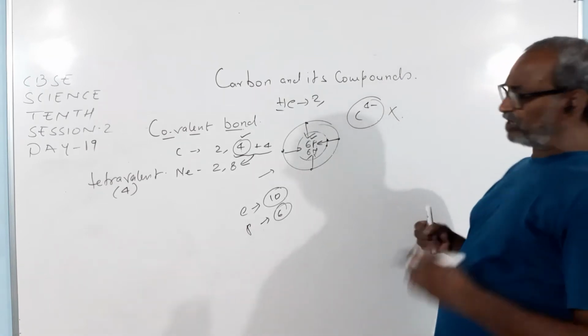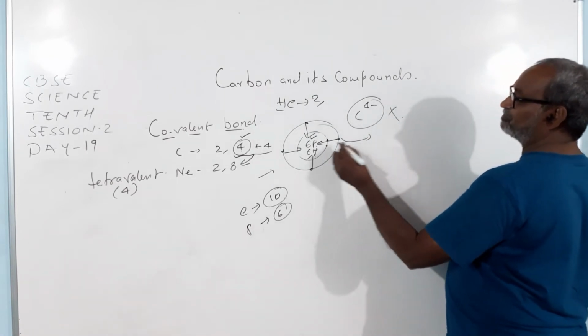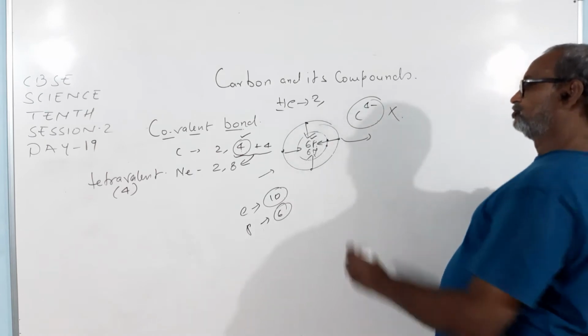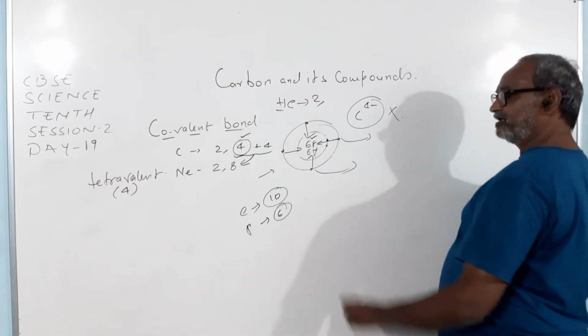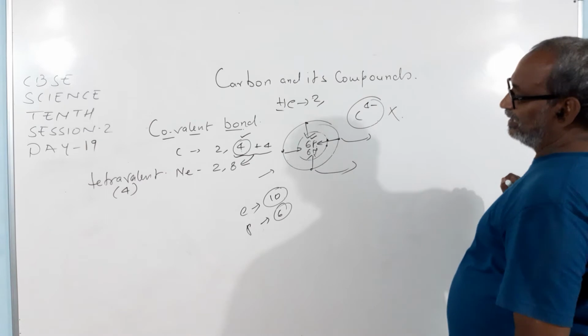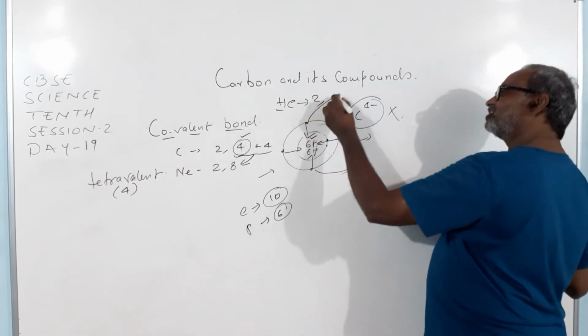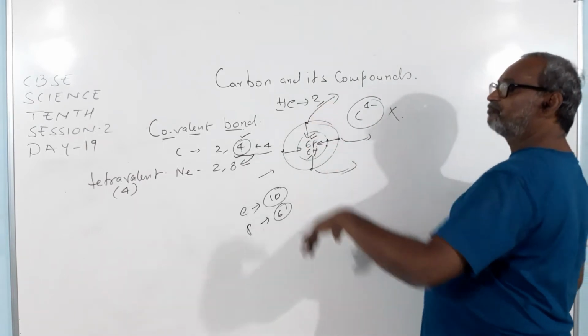It is possible to remove 1 electron from the carbon atom, 2 electrons from the carbon atom, at most 3 electrons to remove from the carbon atom.